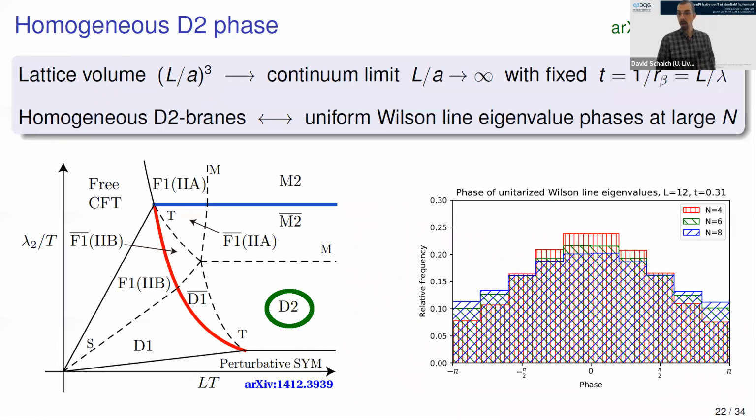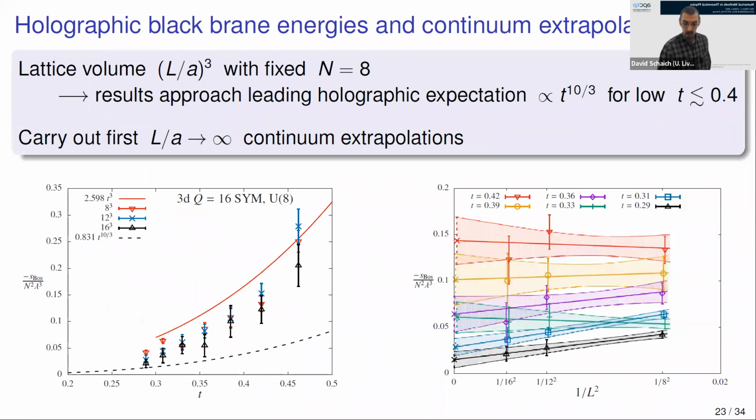So in this regime, we again have uniform distributions of Wilson line eigenvalue phases. We can see, going from 4 to 6 to 8 colors, these histograms again becoming more evenly distributed around the complex plane. And the key result here is the comparison of the energy predicted from the lattice calculation to the interpretation as the internal energy of this black 2-brane system.